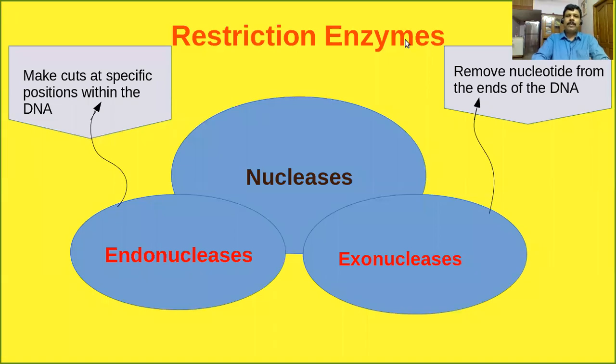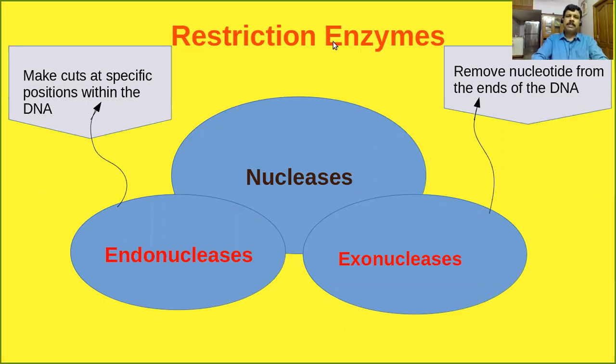Is it clear? Restriction enzymes are a group of enzymes which basically perform the cutting of DNA, the fragmentation of DNA at a specific site, not at all sites. The restriction enzymes can cut the DNA at a specific site.